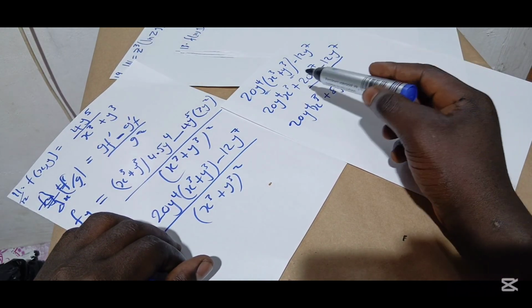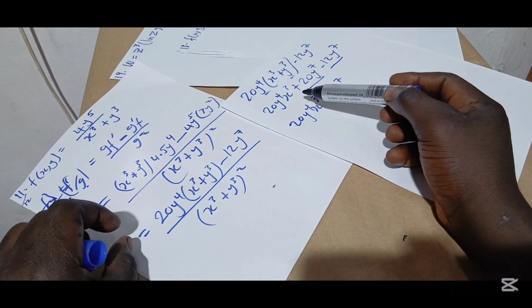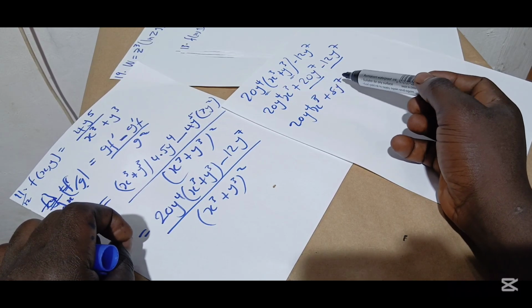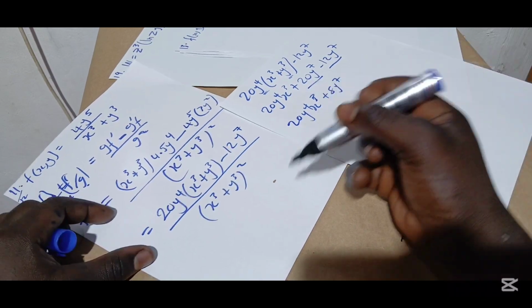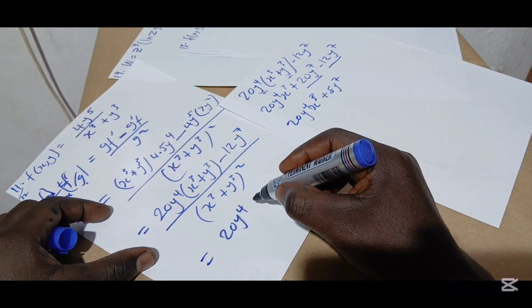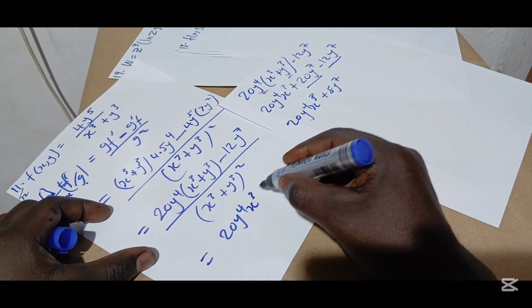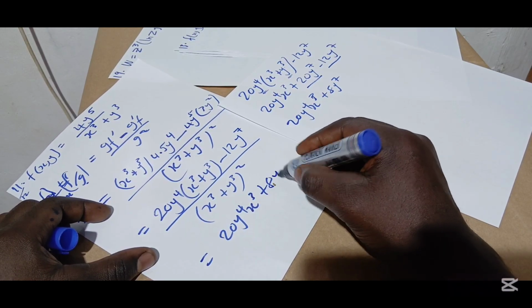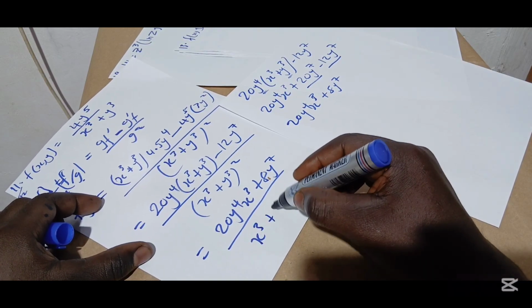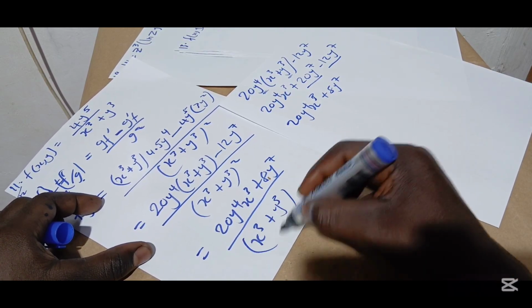Our numerator now is 20y to the power 4 x to the power 3 plus 8y to the power 7, all divided by x to the power 3 plus y to the power 3 all squared.